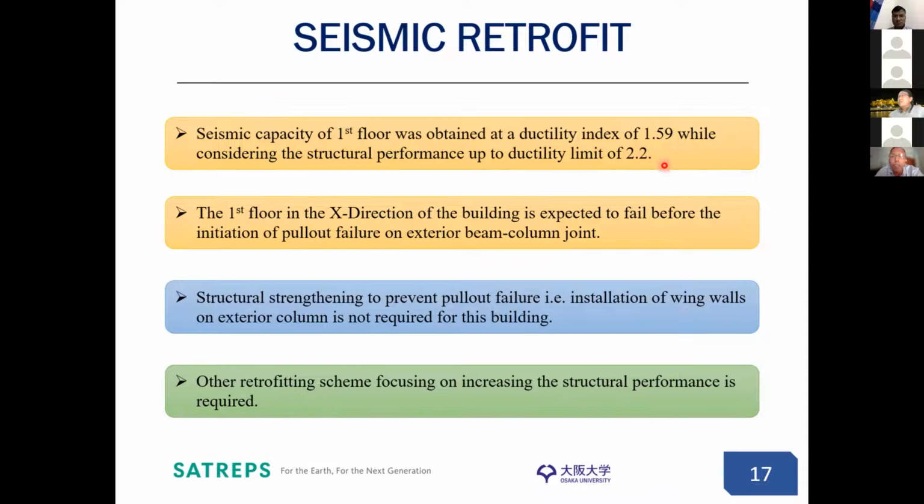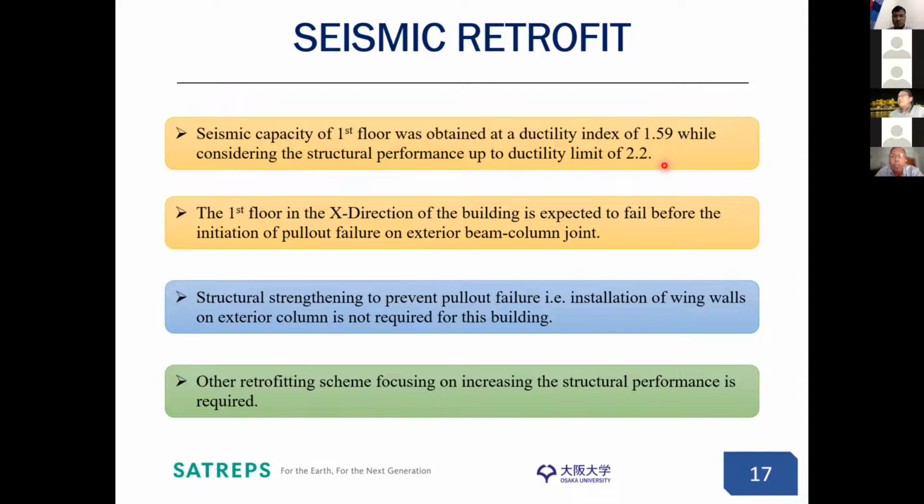So retrofitting for strengthening the joint in this case is not ideal because, according to this guideline, that only improves the structural integrity of that joint, but doesn't increase the strength. But as I showed earlier, the capacity performance point of the first floor is below the demand curve.